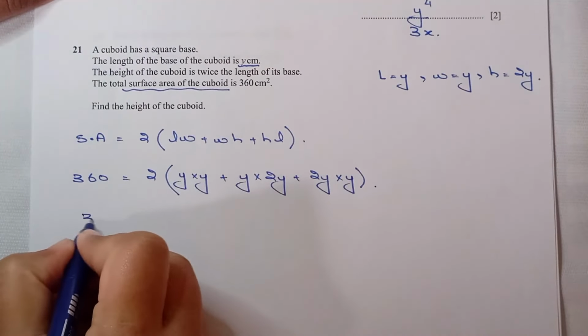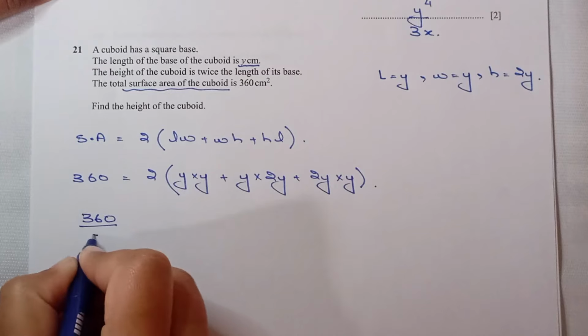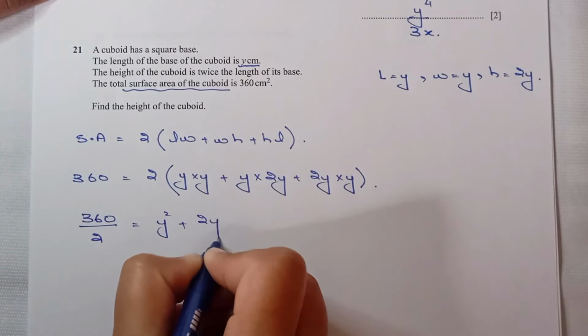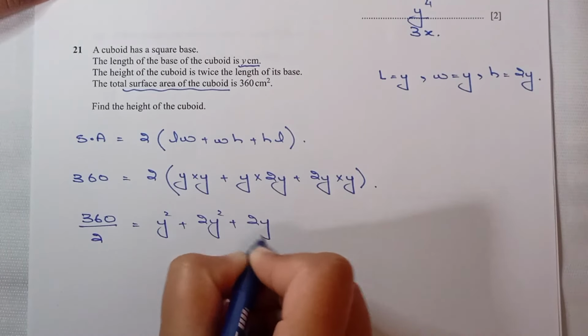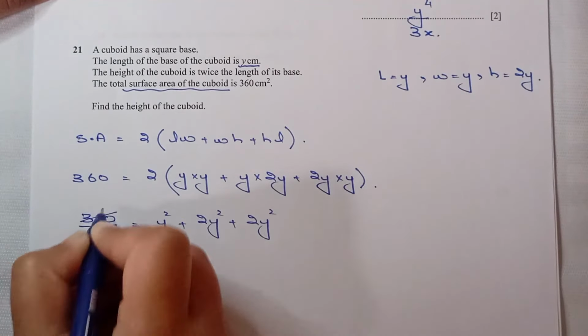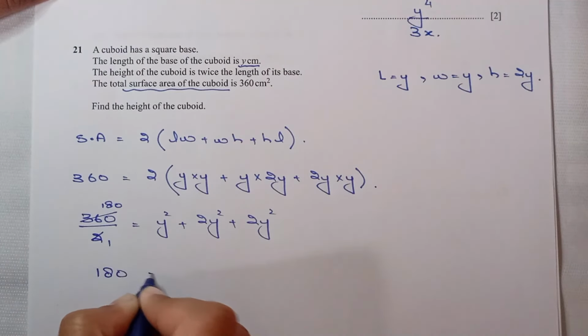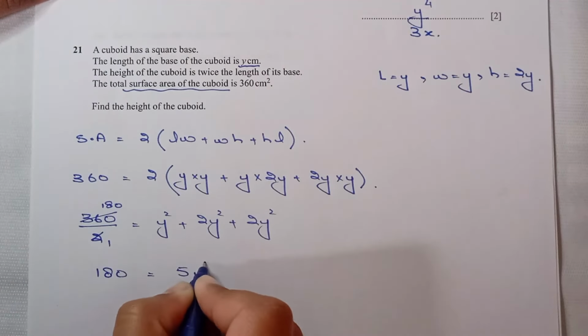Okay, we need to do 360 divided by 2, and from here we have y squared plus 2y squared plus 2y squared. So 180 would be equal to 5y squared.